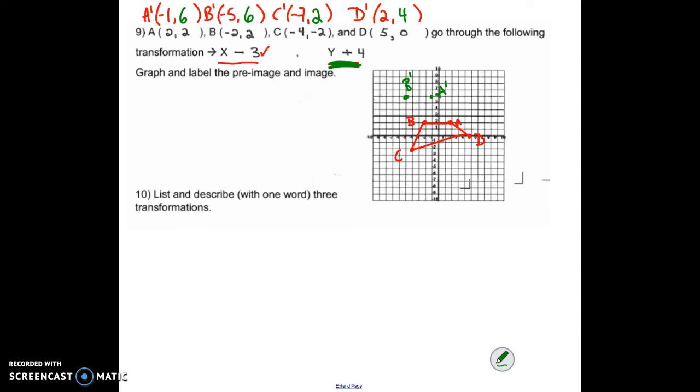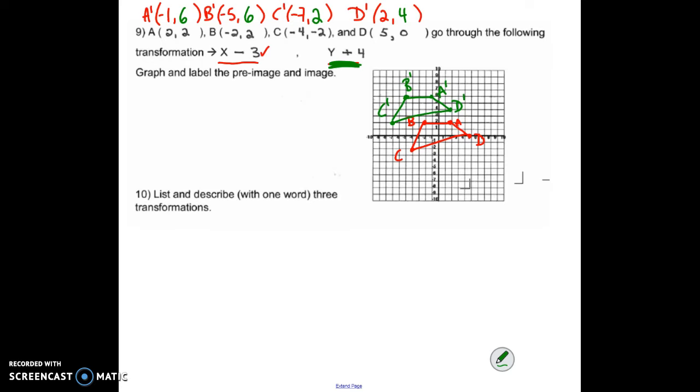C prime, negative 7, positive 2. Right here, C prime. And then D prime is 2, positive 4. And I go up here, right there. And now, there's my figure. Beautiful, right?